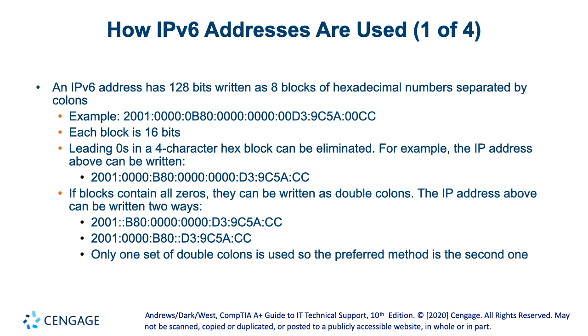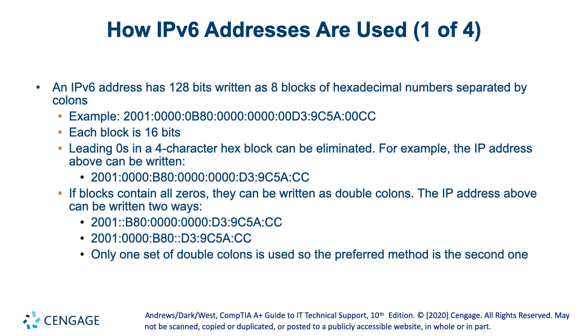IP version 6 uses 128 bits instead of just the 32 that we used in IP version 4. Leading zeros can be omitted, and if blocks contain all zeros, you can replace them with double colons. However, only one set of double colons can be used.